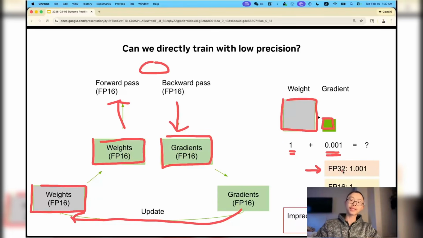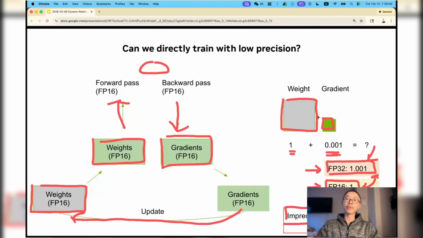Single precision FP32 gives you no issue: 1 plus 0.001 gives you 1.001. But for FP16, your value might be rounded to 1 because our precision is lowered. What does this entail? After the update, your weight doesn't change. This leads to imprecise weight updates.